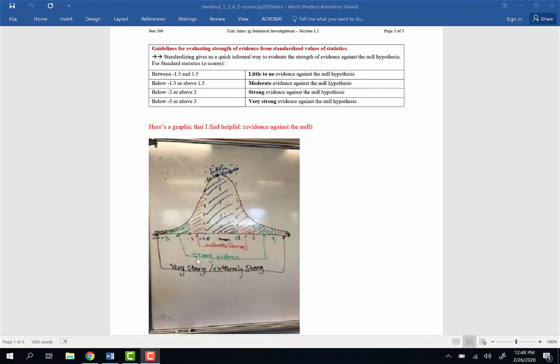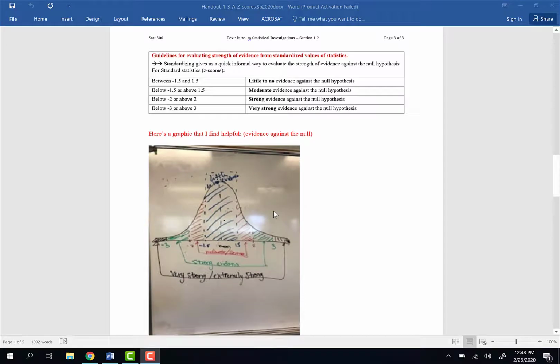So if observations fall more than 2 or more than 3 on either side, 2 or 3 to the right, 2 or 3 to the left, where the minus just means you're in the left tail, then that's considered strong to very strong evidence against the null hypothesis. Against the null meaning against the claim that things are happening by random chance alone.